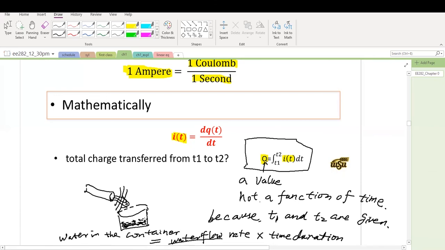But sometimes if the water flow rate is not uniform, we need to do an integral, like here. So you need to do an integral from t1 to t2. So here, I use this water tank example to explain this mathematical relationship.